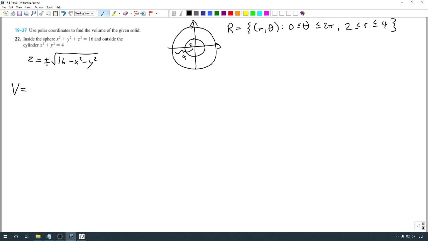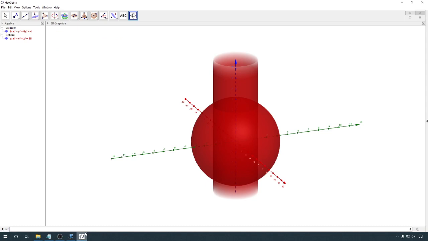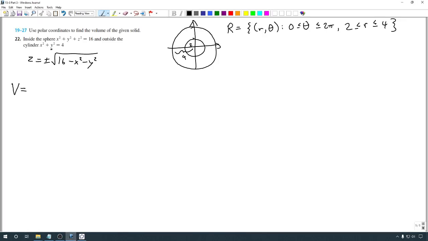We do have a plus or minus because we could maybe use symmetry here and only find the volume above the xy plane, or we can just multiply by 2, or we can subtract these two functions. I'm going to go ahead and essentially double it. So here it's going to be the double integral over R of 2 times the square root of 16 minus x squared minus y squared.